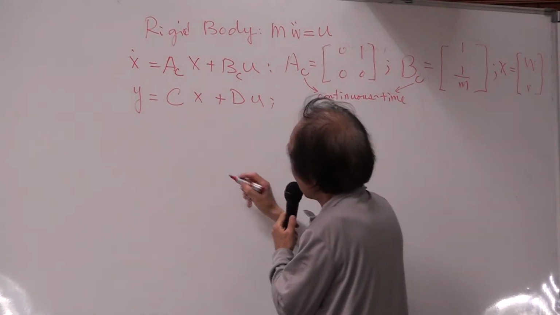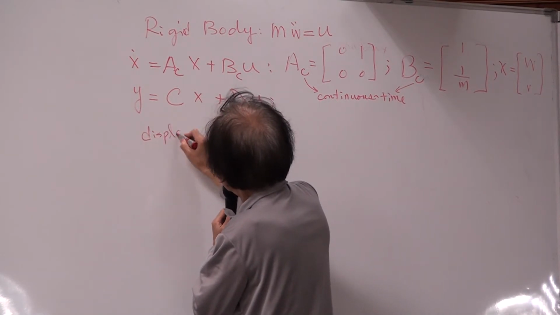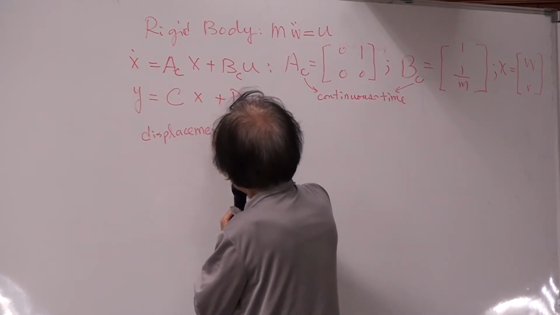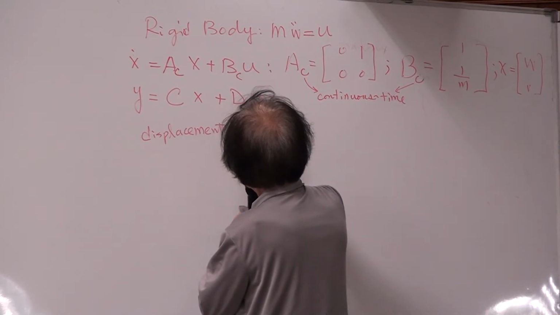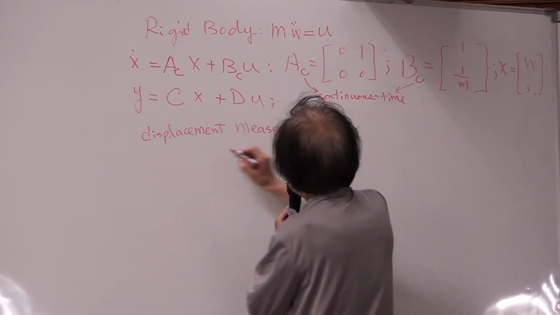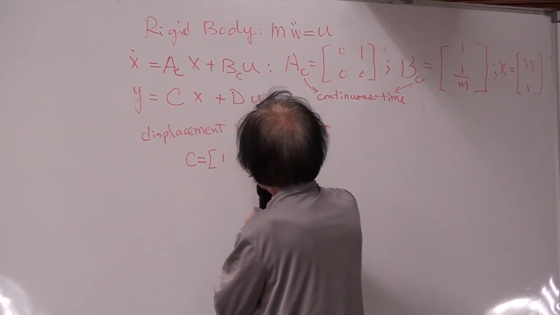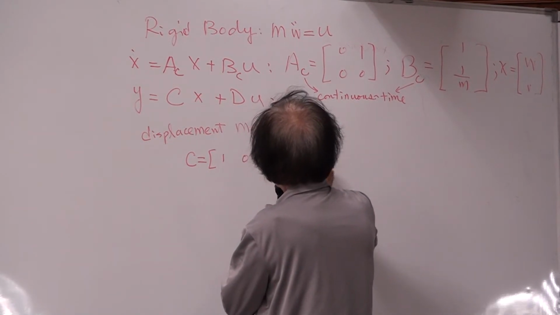Then let's look at this. For the displacement, this is just a summary, okay? Displacement measurement, then C equal to 1, 0, and D equal to 0.